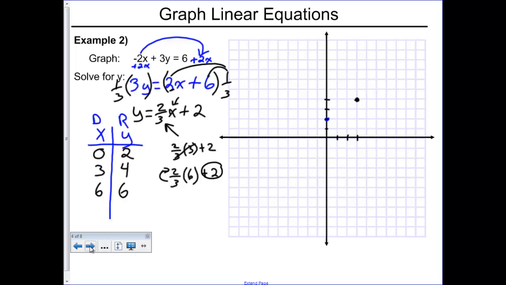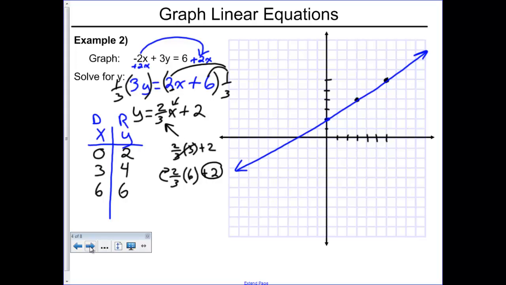I've already got 3, 4, 5, 6. This is already 4, 5, 6. And where those two intersect is right here. And you can see that they actually do line up in a straight line. So I'm going to go ahead and do the best I can here to draw my line in opposite directions.